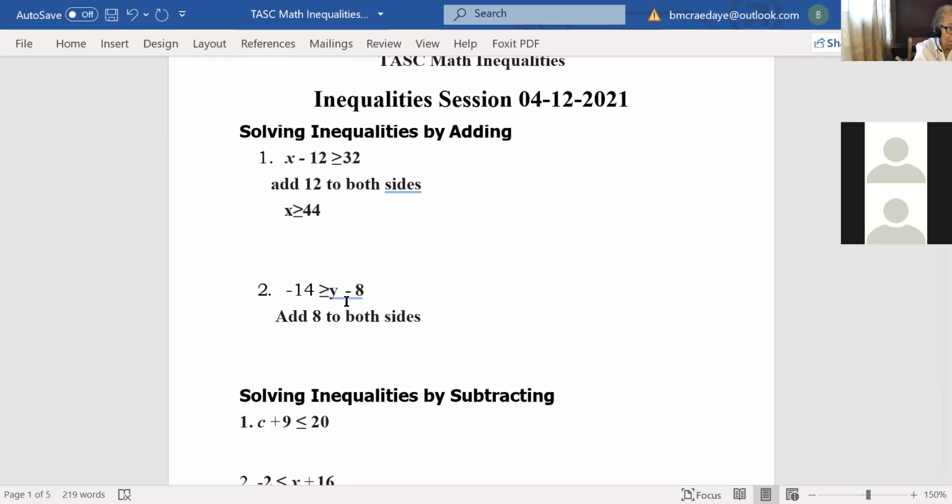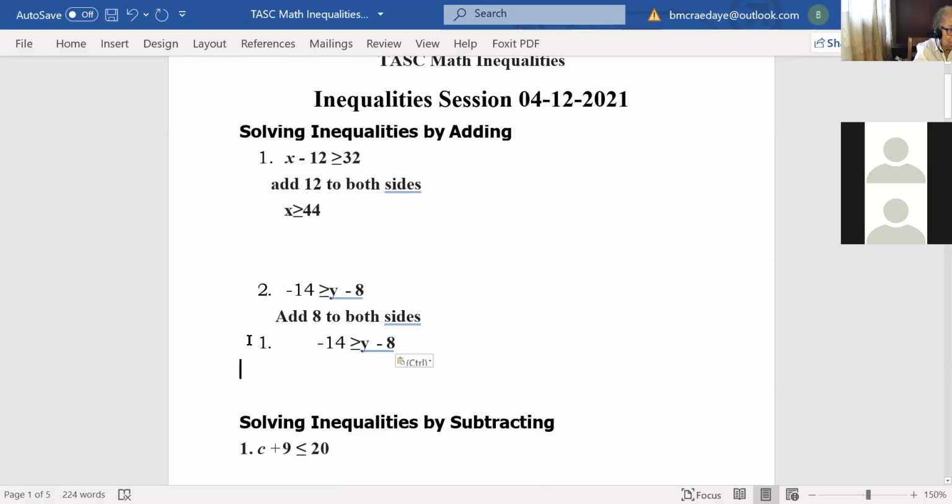All right. Now, when you add 8 and a minus 14, what do you get? I'll just copy this and you just tell me what you get. What's a plus 8 and a minus 14?